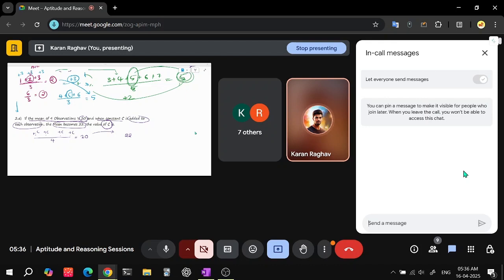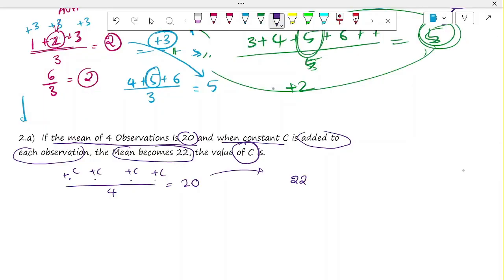There are 4 observations, and initially the mean of these 4 observations was 20, and when c is added to each observation, it becomes 22. It means there is a change in the average. See, if there is a change in average, initially it was 2, it became 5.